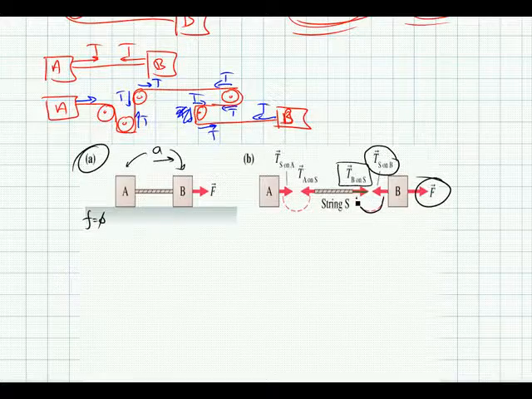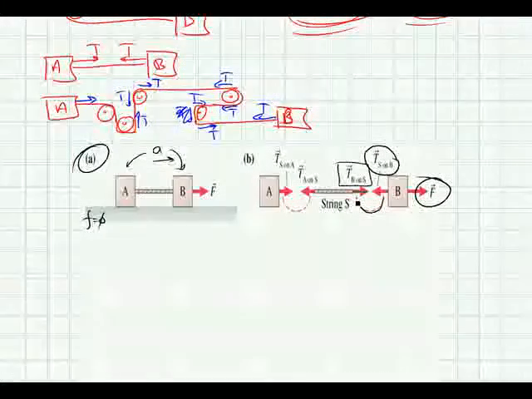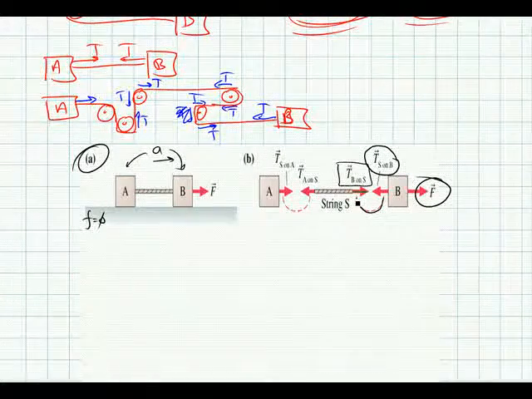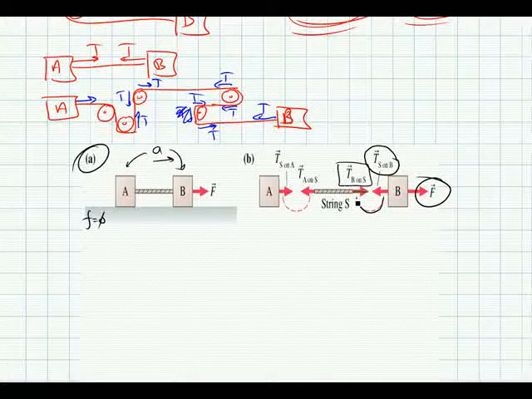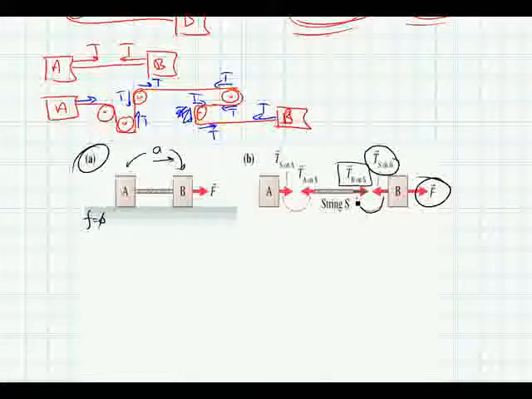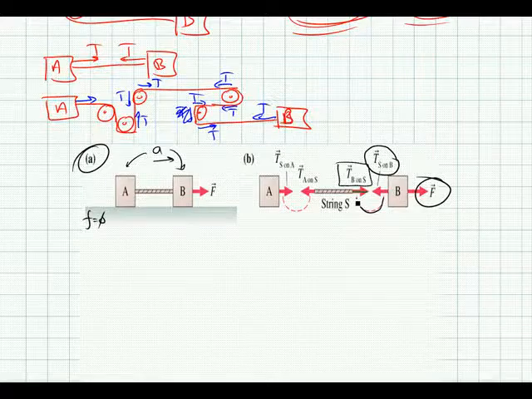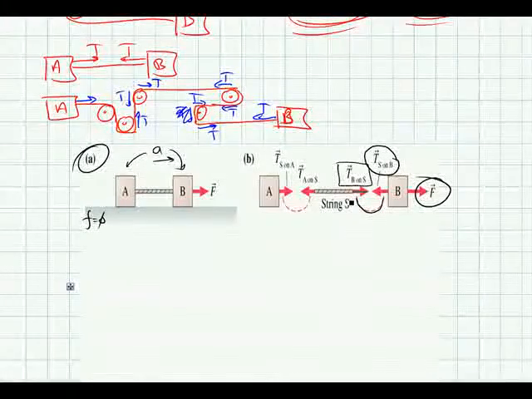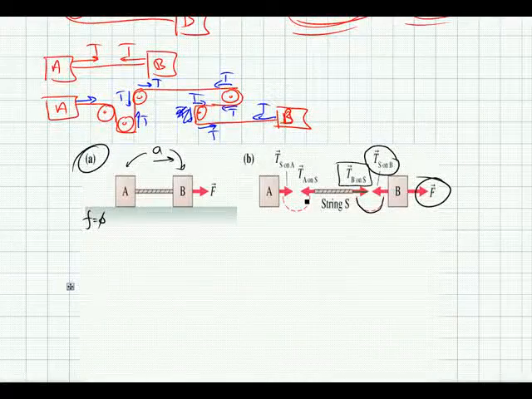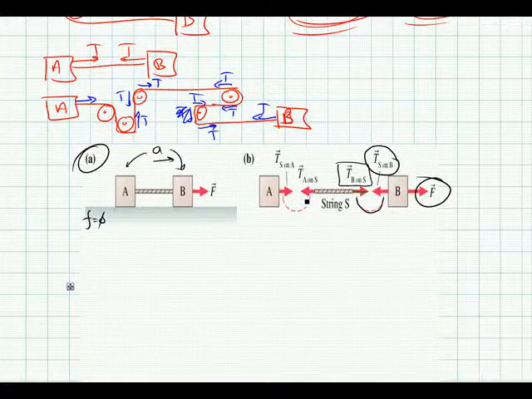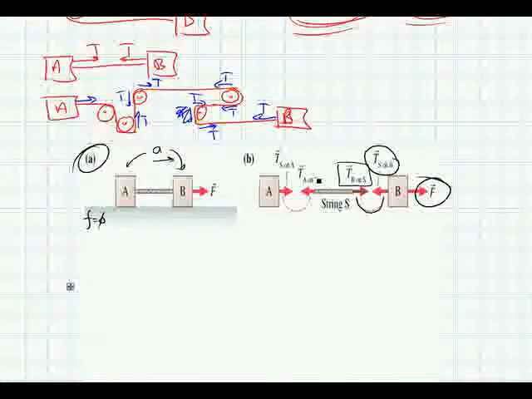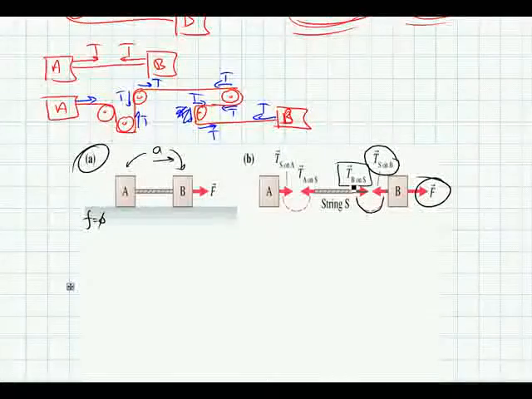That's the action-reaction pair here, which is the tension in the string, and we also have T. Since the tension in the string remains constant throughout, we have T.